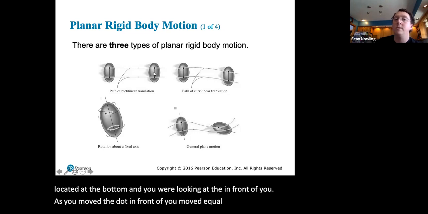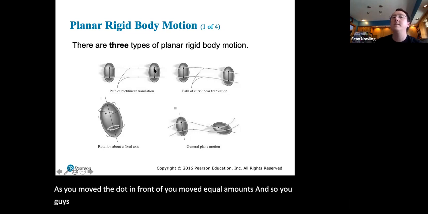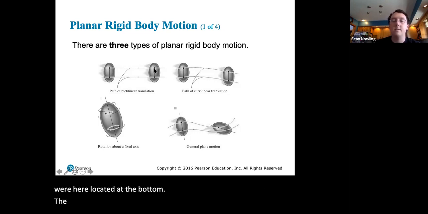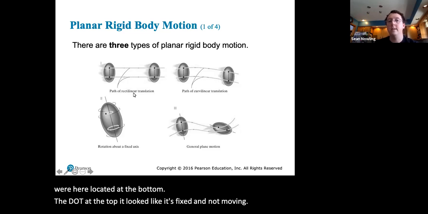So it would look like it was at a fixed position relative to you. So if you were located at the bottom, the dot at the top would look like it's fixed and not moving. So that's called rectilinear translation.